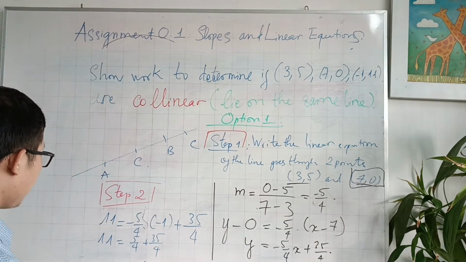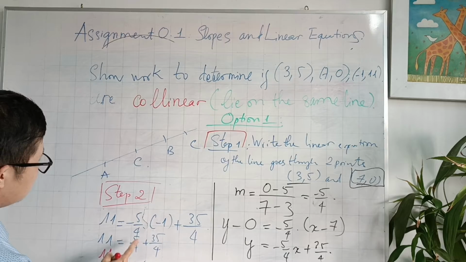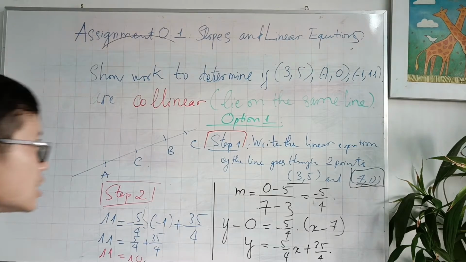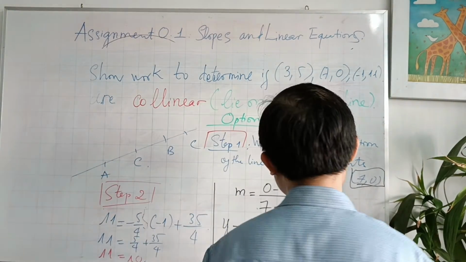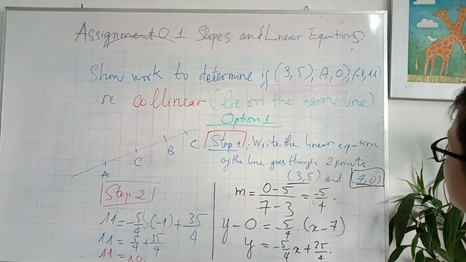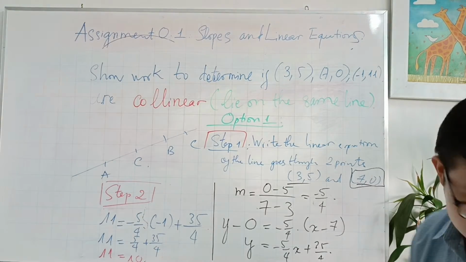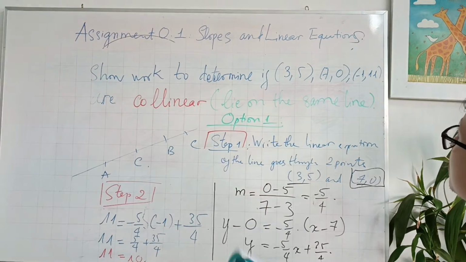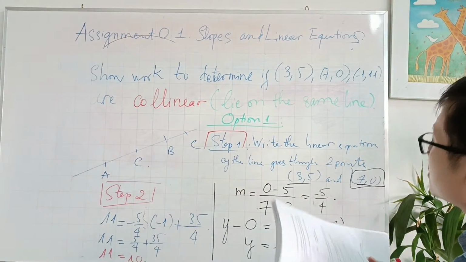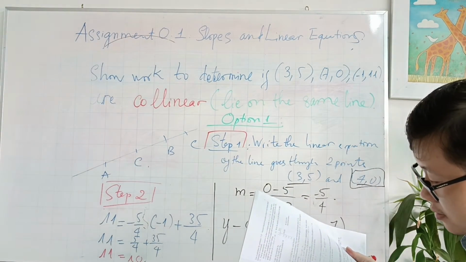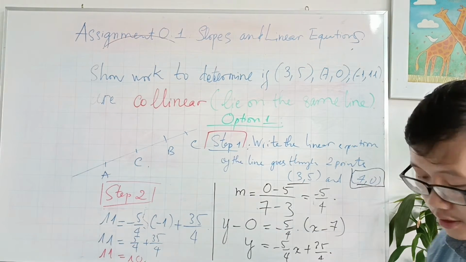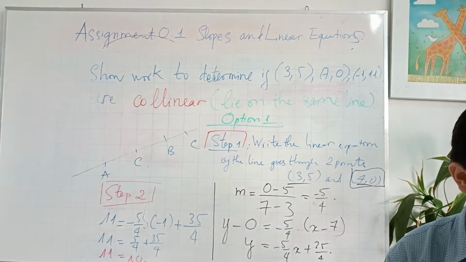It is 11 equal 10. It's not correct. Maybe I have some mistake. So I will solve it here. I will check the question: (3, 5), (7, 0), (negative 1, 11).